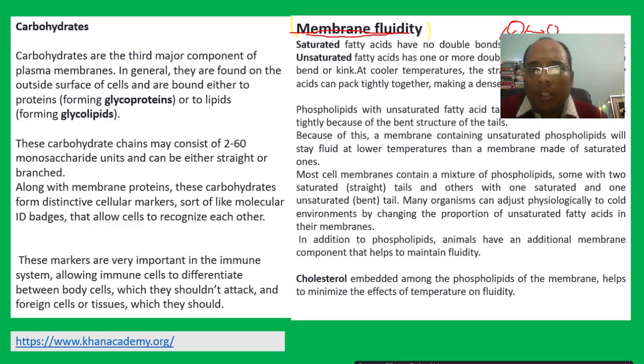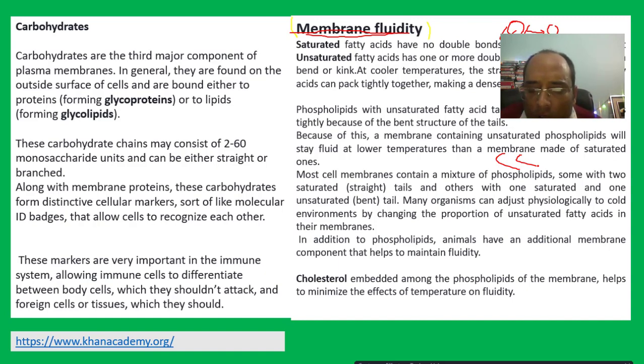has a tail that is bent. As a result, the phospholipids will manage to keep the distance, increase the distance.